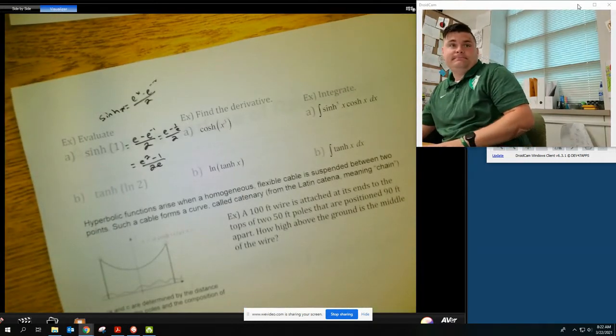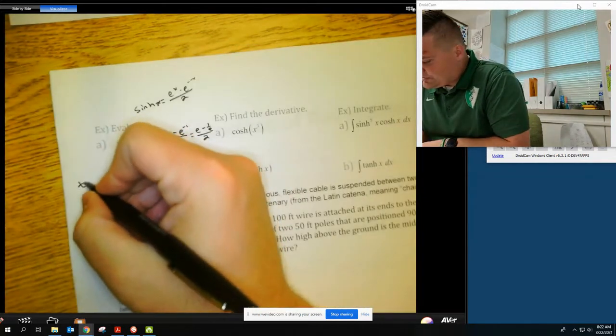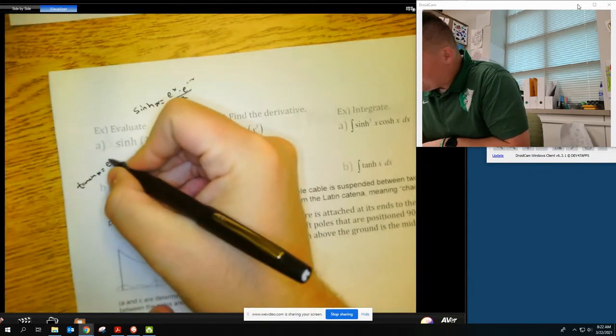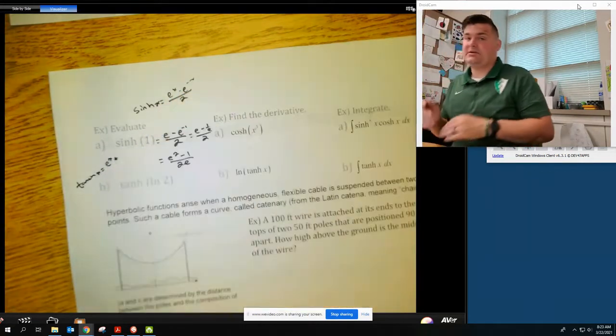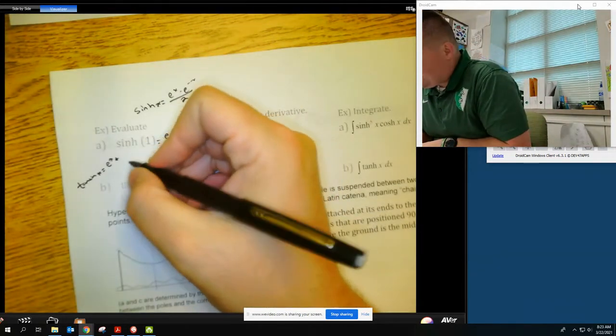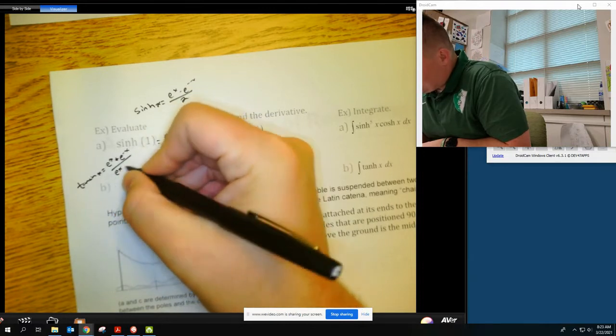Okay. And then tanh of ln of 2. Tanh, by the way, is sinh over cosh: e to the x minus e to the negative x all over e to the x plus e to the negative x.